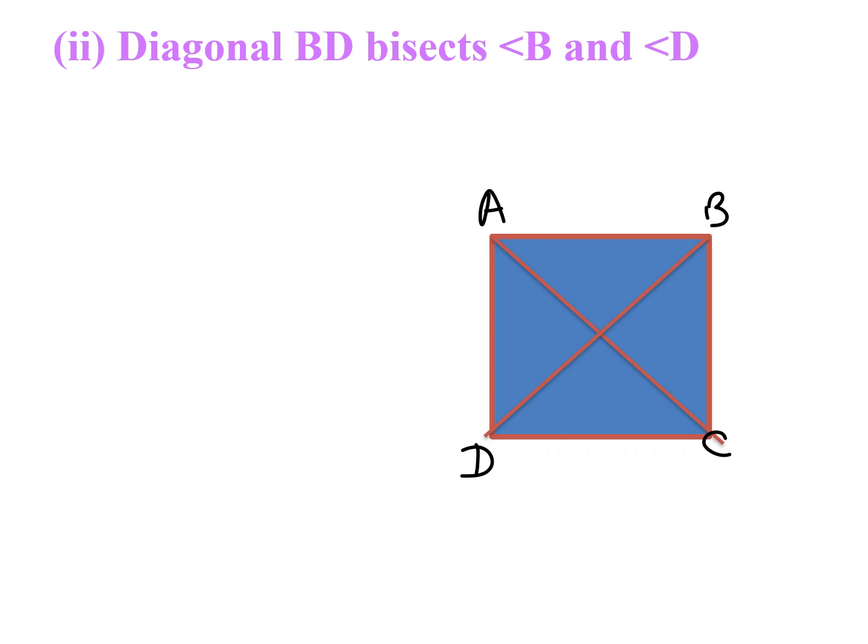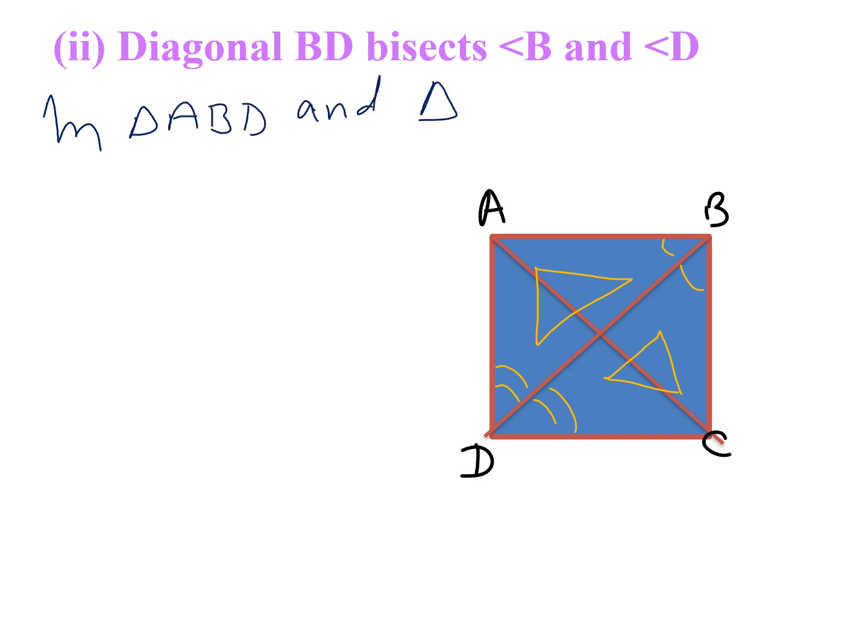Moving to the second part of the question, we have to show that diagonal BD bisects angle B and angle D. Let us mark the triangles which we will prove congruent. The triangles are triangle ABD and triangle CBD.